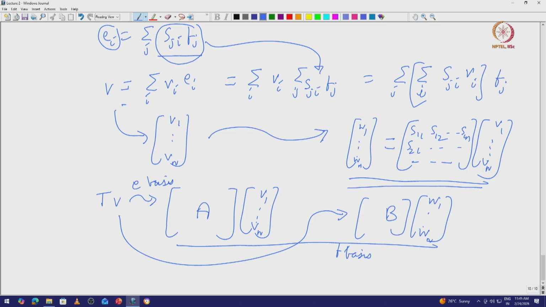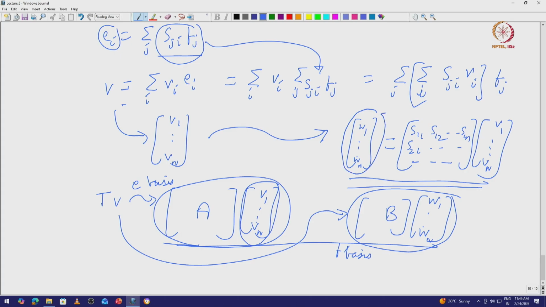What's the relation between this column vector and this column vector? Recall that the column vector in the new basis equals S times the column vector in the old basis.